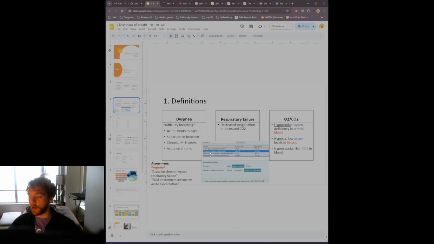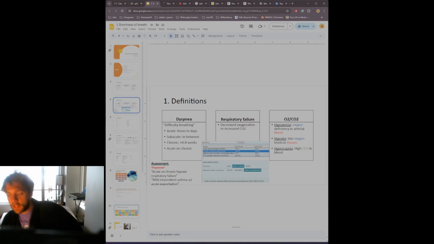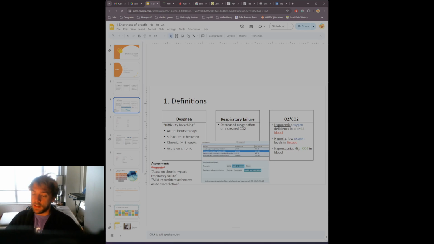You can see chronic respiratory failure versus acute respiratory failure versus acute hypoxic respiratory failure, etc. Not only coding and billing, but also in our presentations as an intern, you can sound better by saying acute on chronic hypoxic respiratory failure rather than problems breathing, or you could say something like mild intermittent asthma with acute exacerbation. It not only sounds smarter, but it tells more of the story of what's going on, being as specific as possible in your assessment.